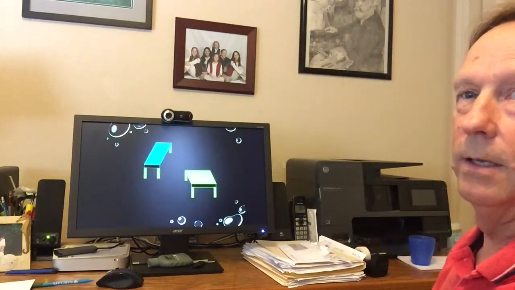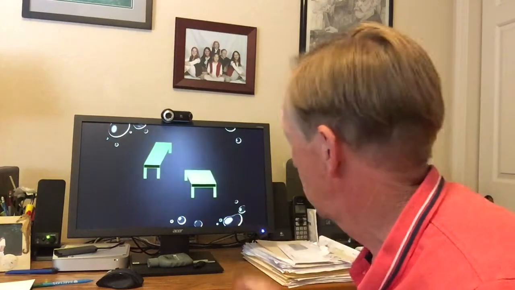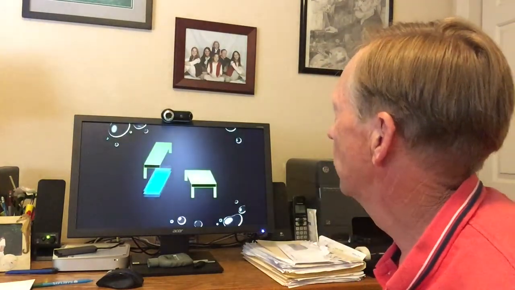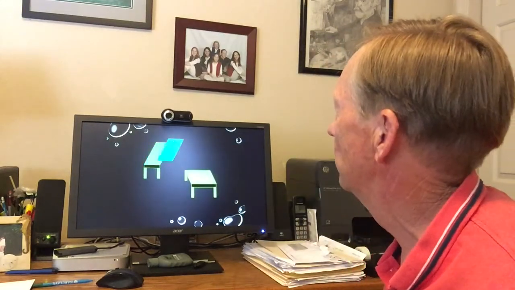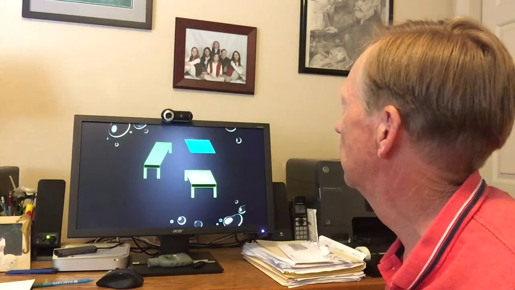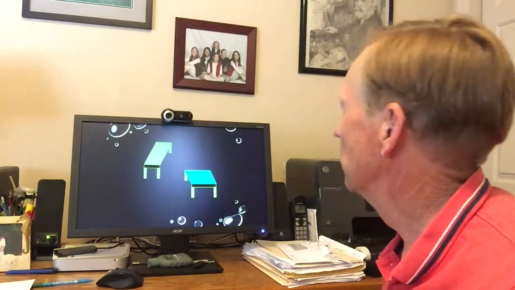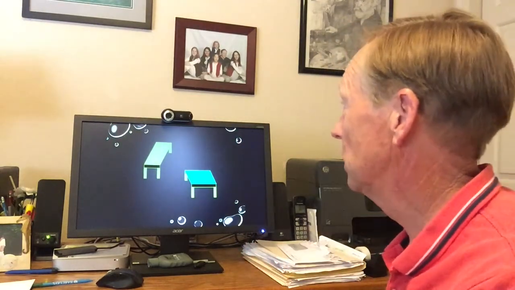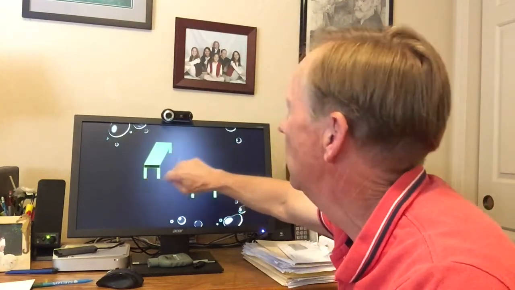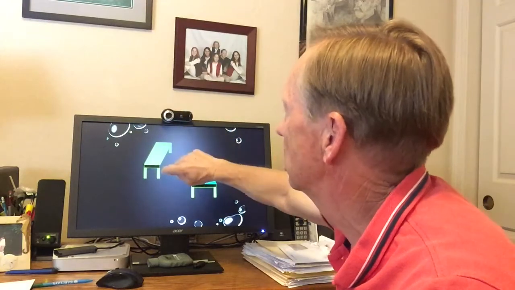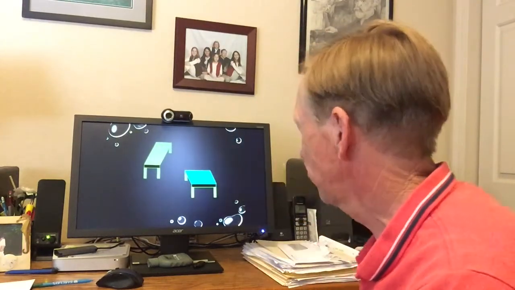So if you take that, two tops are green. If you take that green top and make it blue, and then take that green top and move it over here and change direction and put it down on that one, it's the same. So this is an illusion that's based on the expectation, the way these legs are and the orientation here, that orientation causes us to think that this is a rectangle and this is more of a square.